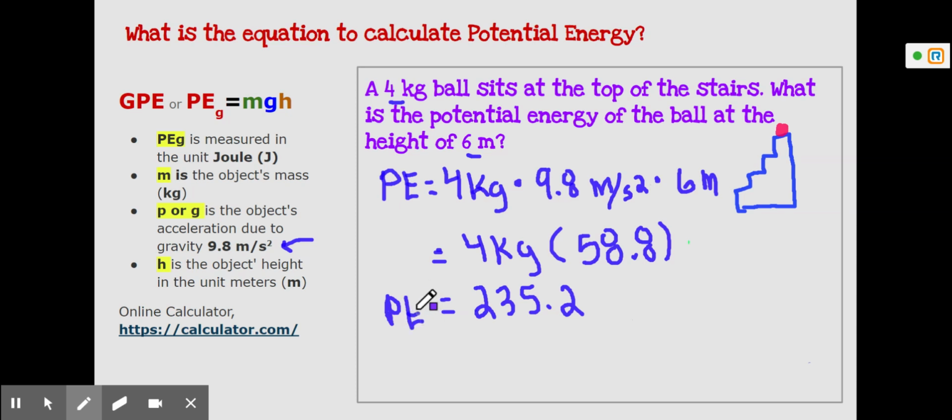Every value, quantity in science needs a unit except a count. What unit is potential energy measured in? Energy is measured in the unit joules. So you must add that unit after. And our ball at the top of a stairs at the height of 6 meters has potential energy of 235 joules if it's a 4 kilogram ball.